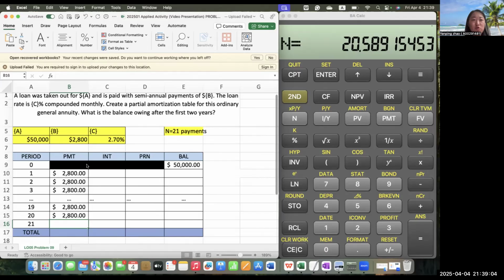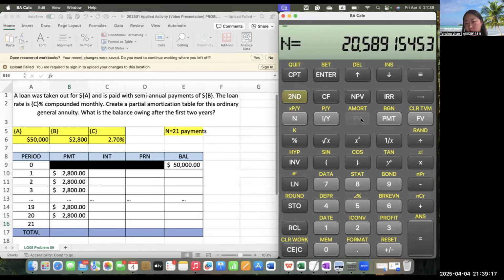Now we get to go into the amortization function. You need to press second and amount. It's important that you press enter for any value you enter in P1 and P2.